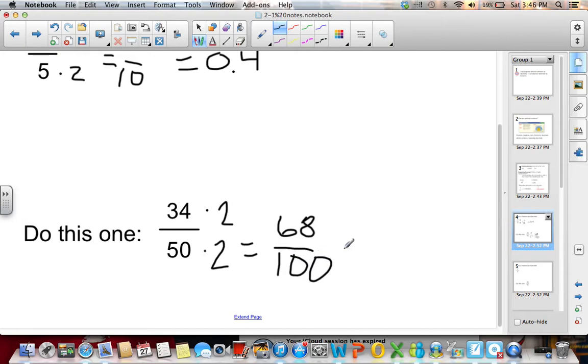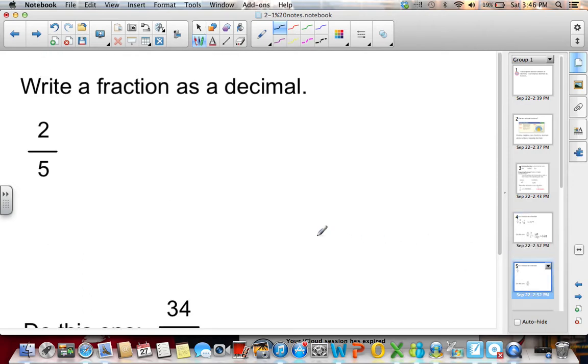And we would write it as 0.68, which is also the same as saying 68/100ths, because here's our tenths place, here's our hundredths place, so 68/100ths.